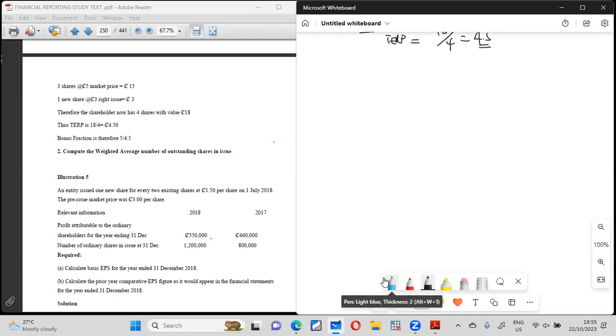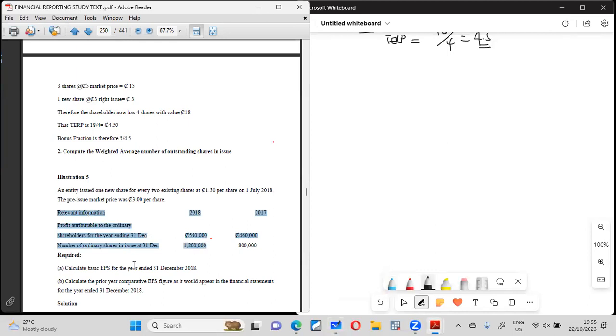It is a rights issue. On 1st July 2018, the pre-issue market price was 3. Now the relevant information has been given to us. We are meant to calculate the EPS for 2018 and also the prior one, the comparative one.